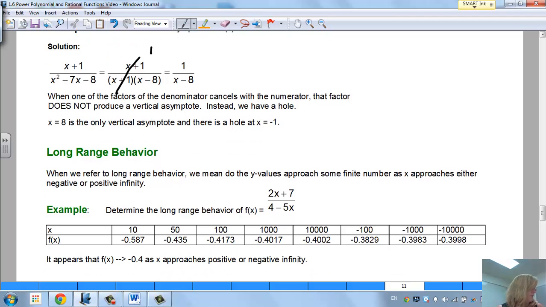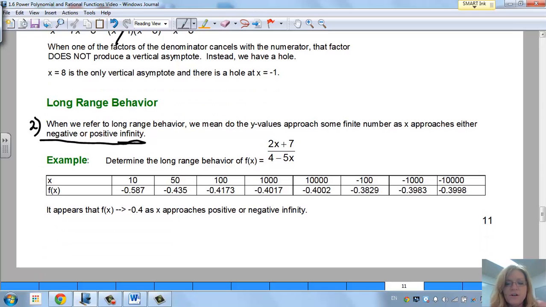Long-range behavior is another thing we look at. This is the second thing we look at, which is basically our horizontal asymptote. When we refer to long-range behavior, we mean do the y values approach some finite number as x approaches negative or positive infinity.